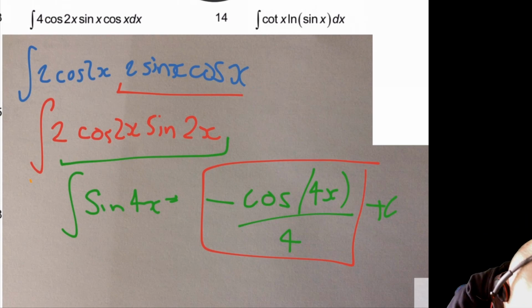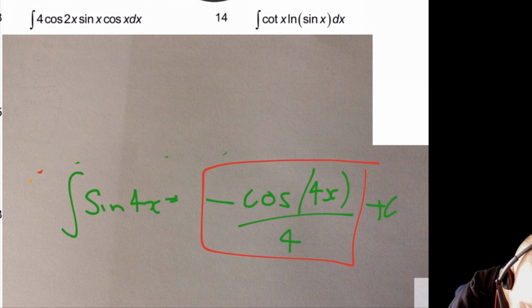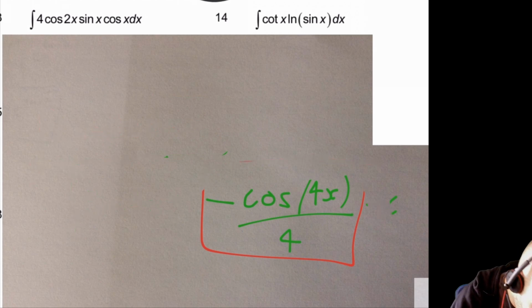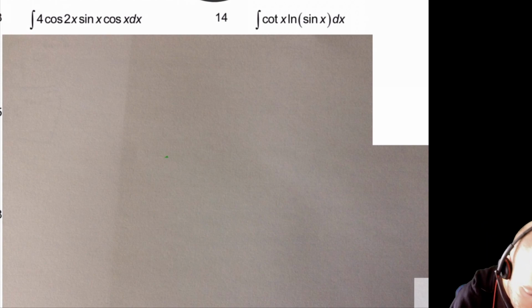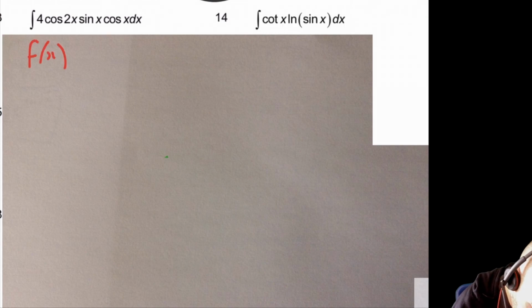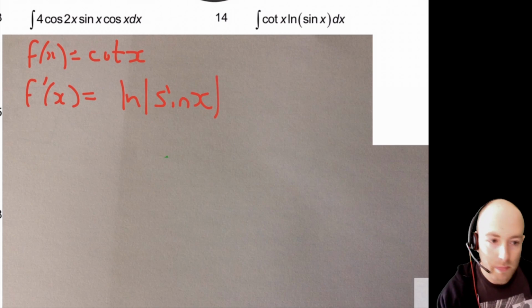Cool. Okay, question 14 is another recognition question. And the trick to this one is realizing that the differential of cot is ln sine x. So f of x is cot, f dash x is ln sine x.